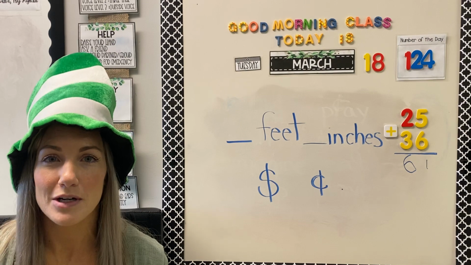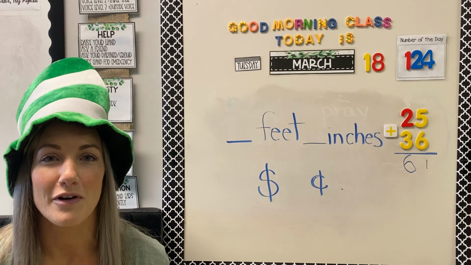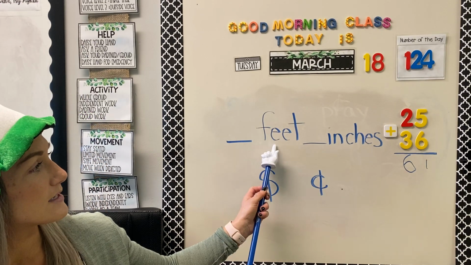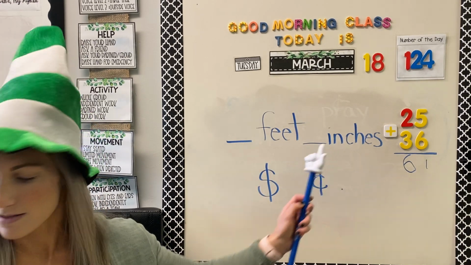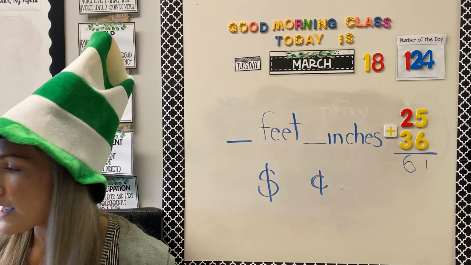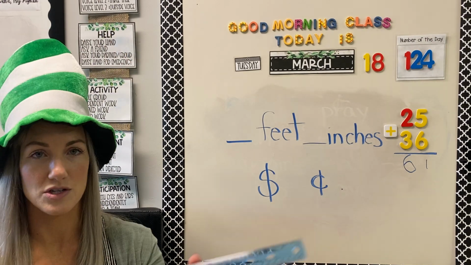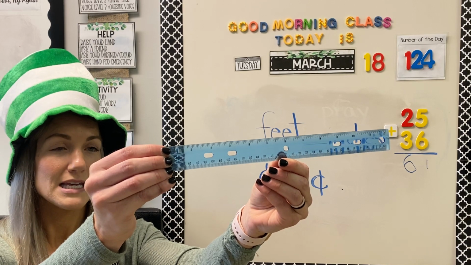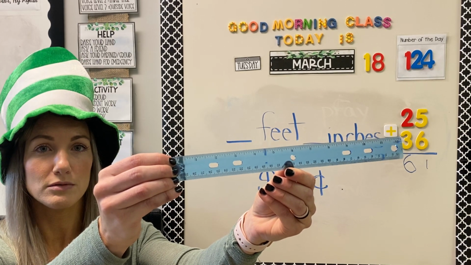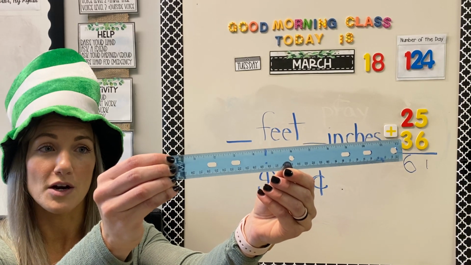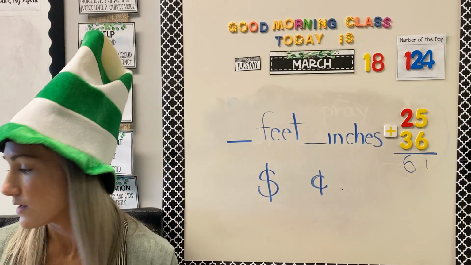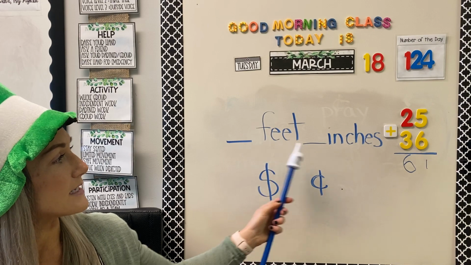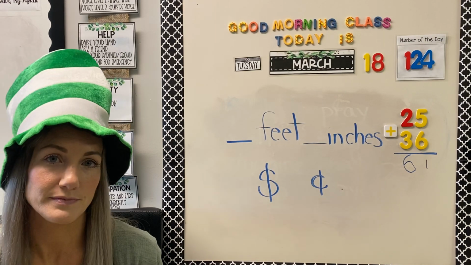That's because the units of measurement that we use for height are feet and inches. We have used inches on our rulers when we measured on our paper. So now we are going to measure with feet and inches.